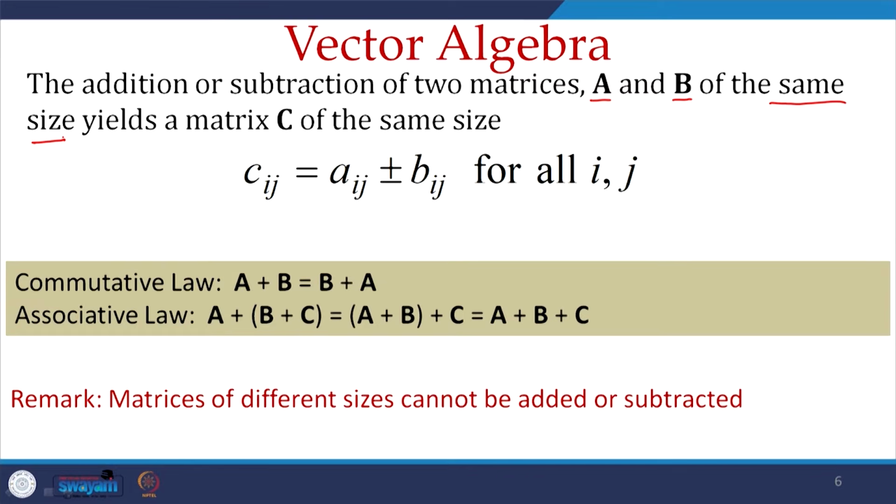Then the resulting matrix C will be of the same size, and the entries of C, which I denote by Cij, must equal Aij plus Bij in case of addition and Aij minus Bij in case of subtraction, for all i, j. This means in addition we add the respective elements of the two matrices, whereas in subtraction we subtract the respective elements.